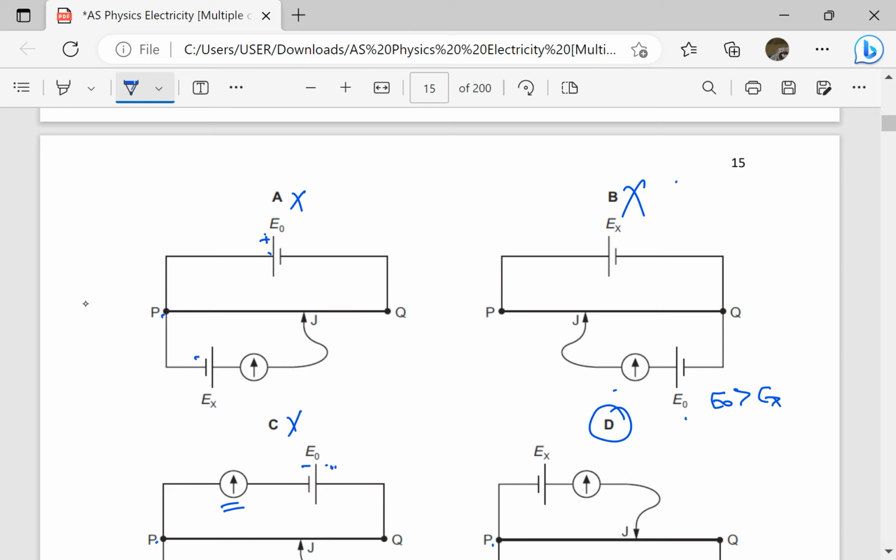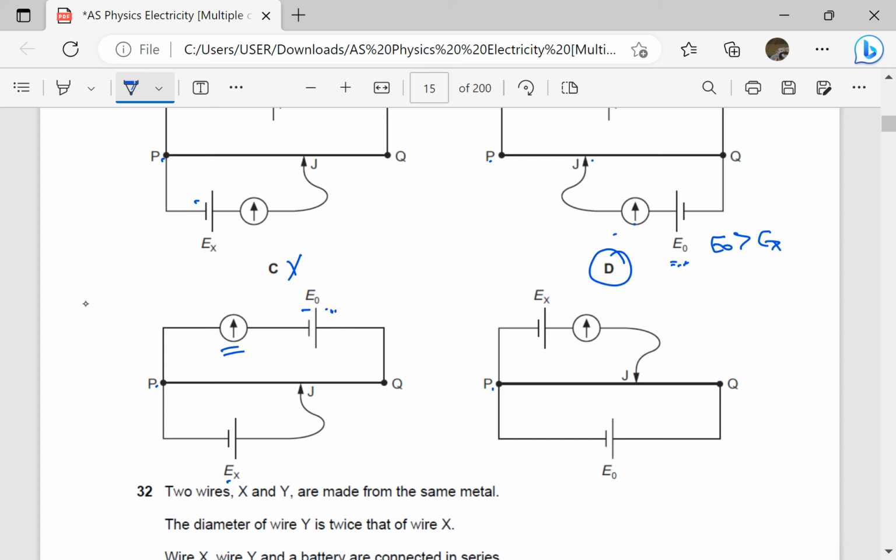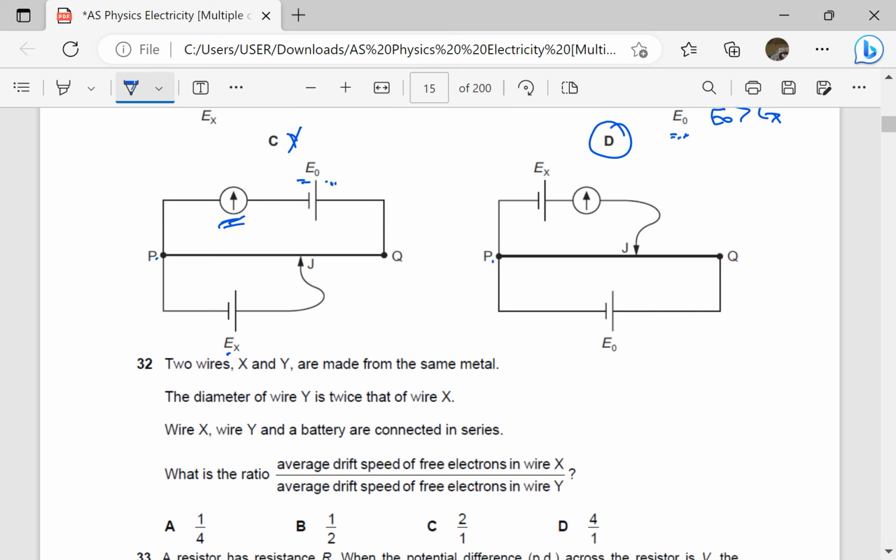We ignored this one because there is no way we can get balance when the galvanometer is connected to a cell of higher e.m.f. The PD will be higher, but will never be equal to EX. There will never be balance. We said this one is also wrong because the galvanometer is connected to E0, which is greater than EX. Therefore, our answer is D.